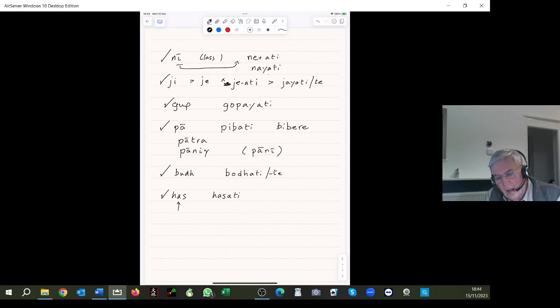There's a vriddhi form a, but just the guna is a, so it remains as it is. So you see, sometimes the a is its own guna. The guna of i is e, the guna of u is o, but a is its own guna, so it doesn't change. Hasati. And that's one that survives, for example, in modern Hindi as in the root hasna, with a nasalized hasna.